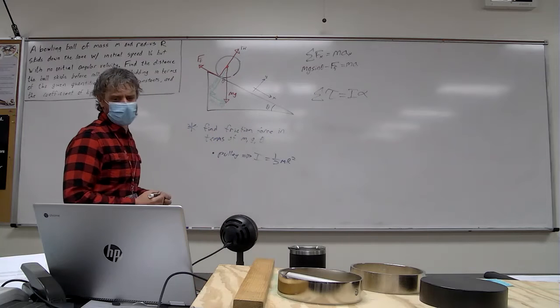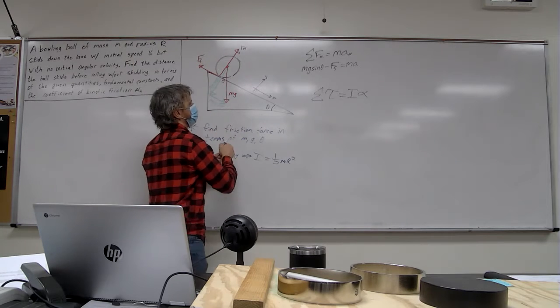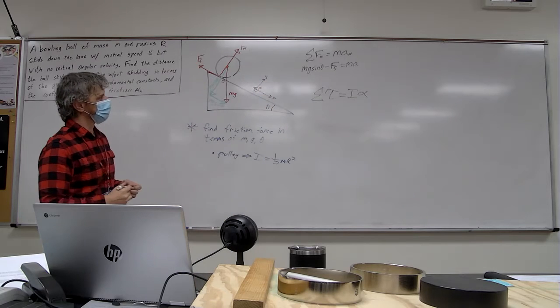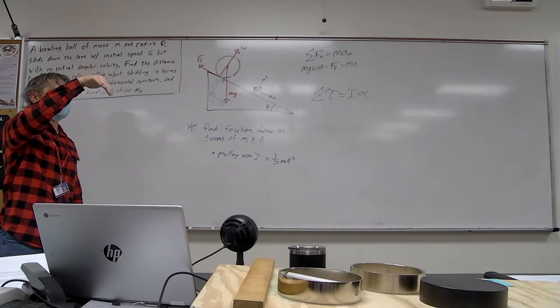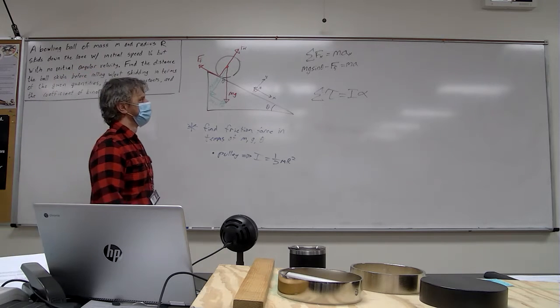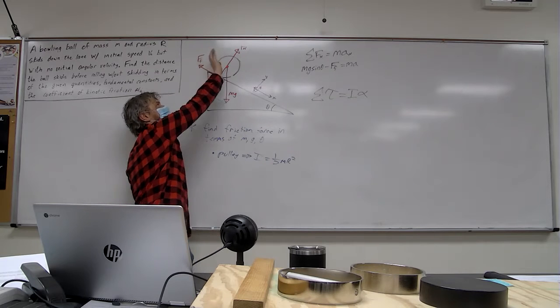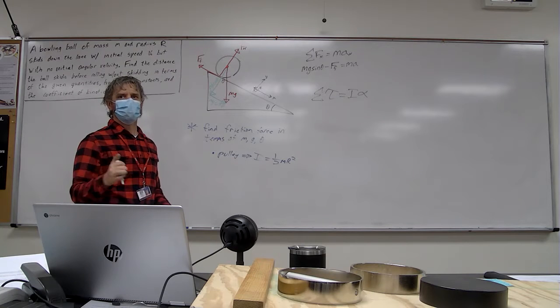And I'm going to go ahead and define into the board as my positive z direction. I'll put a little x there. Positive z direction, so that the acceleration in this direction will be positive, so that the torque created by the friction force will be positive.